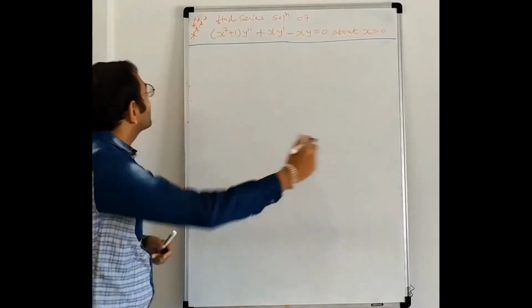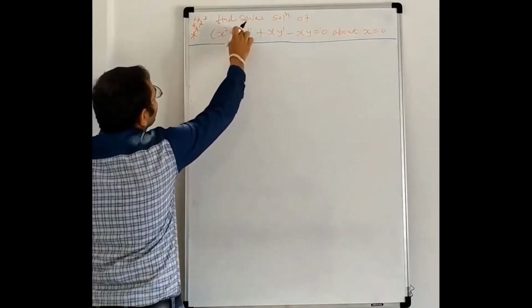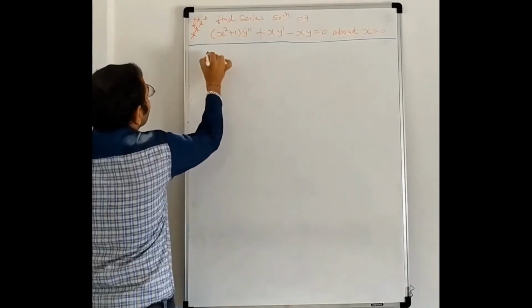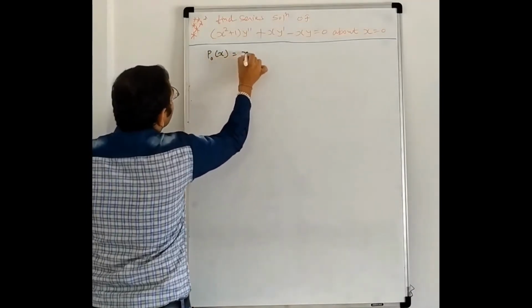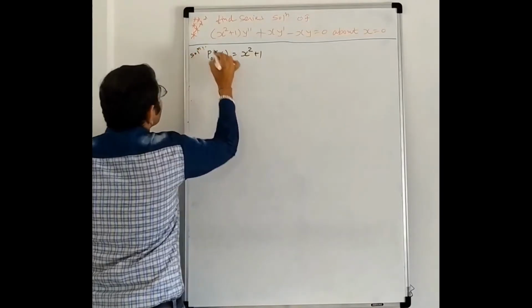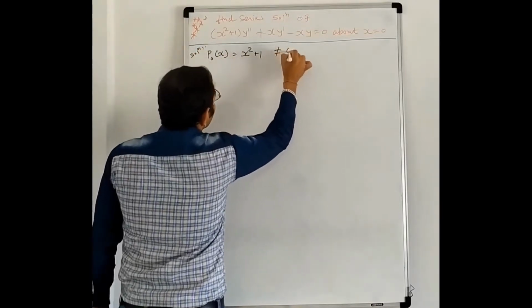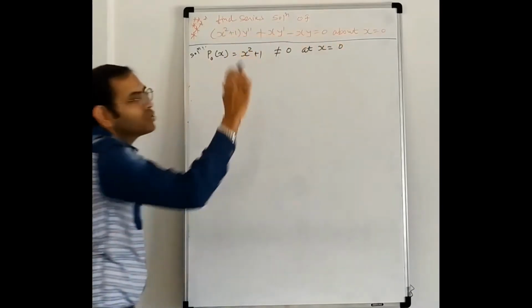First, whatever the coefficient which is multiplied with y double dash, that is indicated by p0 of x equal to x square plus 1, which is not equal to 0 at x equal to 0.